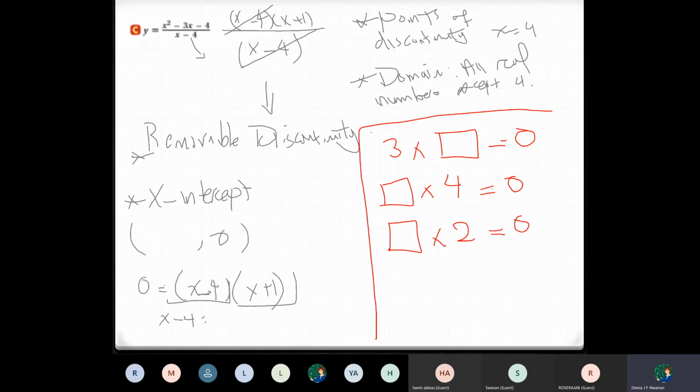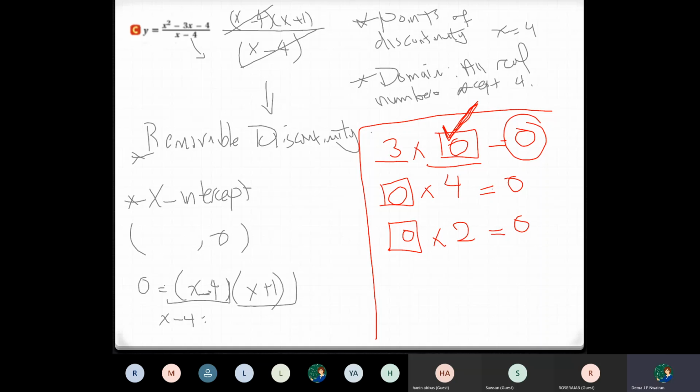If I multiply 3 with what number do I get 0? 0. What number multiplied with 4 gives 0? 0 also. And with 2? 0 also. So if I multiply two numbers and the answer is 0, that means one of the numbers must be 0.